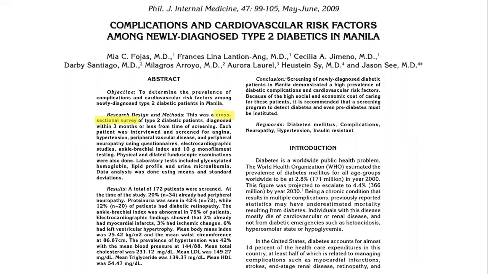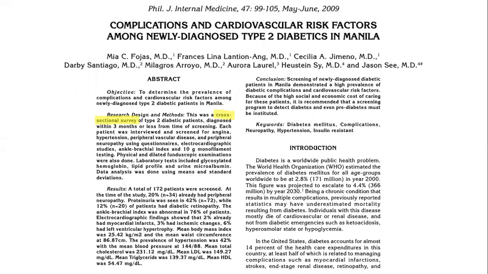So that's why this is called a cross-sectional survey, and they did not do associations. It purely just described this population of newly diagnosed patients with diabetes. What they found in this study was that there was a high prevalence of diabetic complications and cardiovascular risk factors at the time of diagnosis.